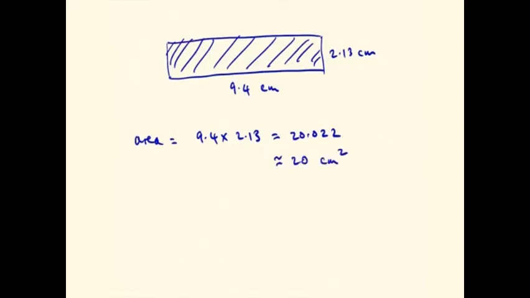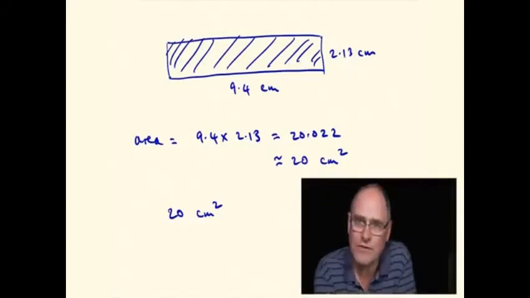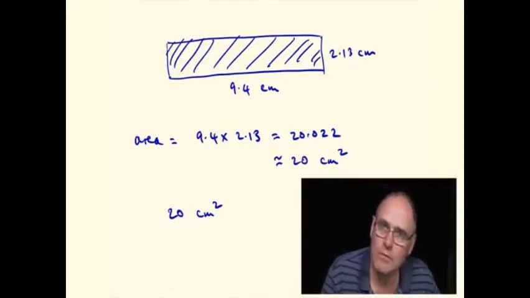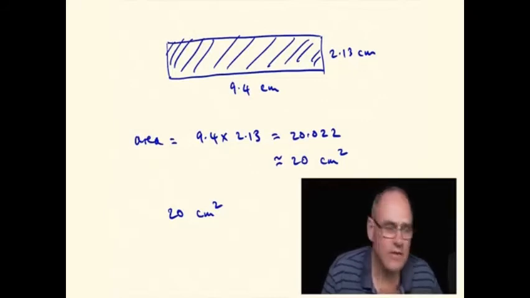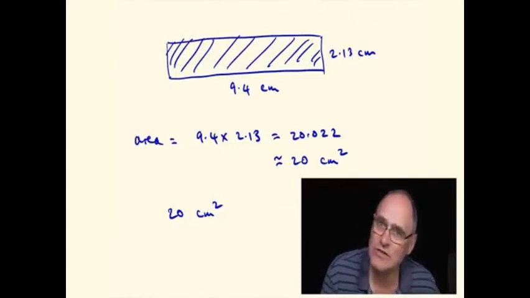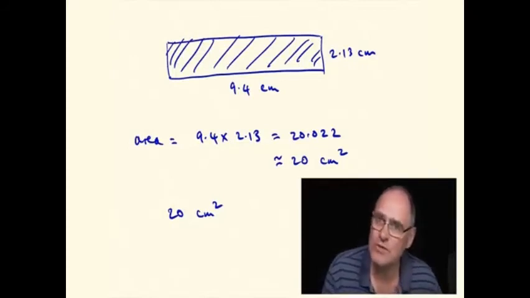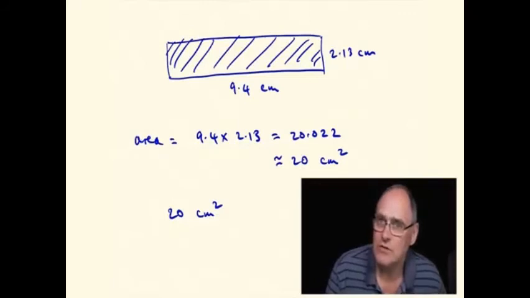Now if I just say 20 square centimetres without reference to the original problem, it's ambiguous. You don't know whether I'm saying this rectangle is 20 centimetres correct to the nearest unit or possibly to the nearest 10 units, right? Is it 20 to the nearest unit or 20 to the nearest 10 square centimetres? Okay.